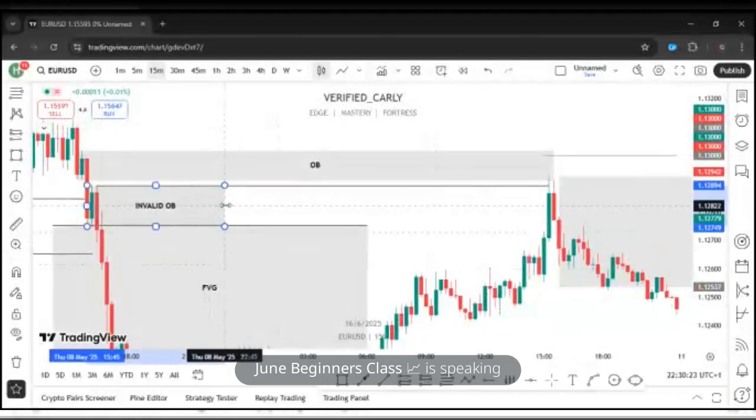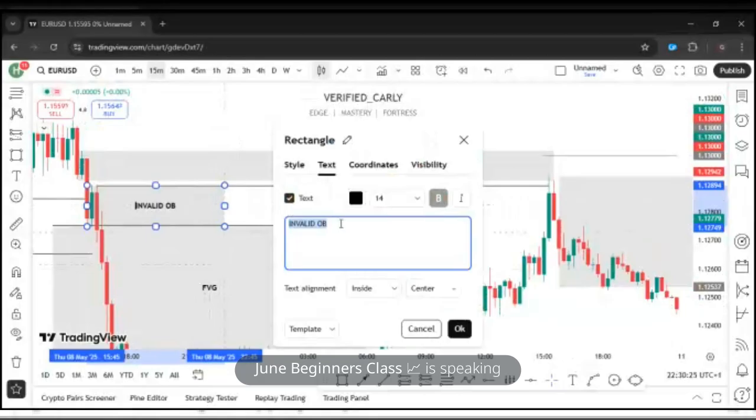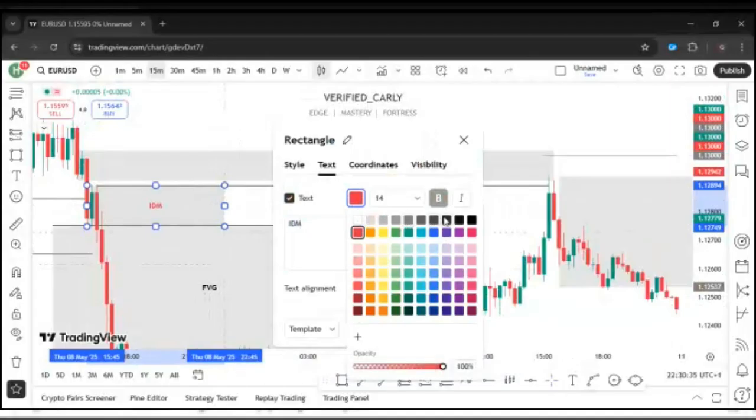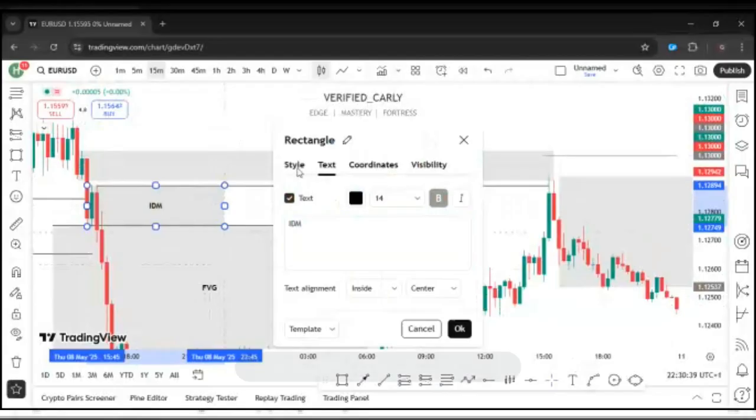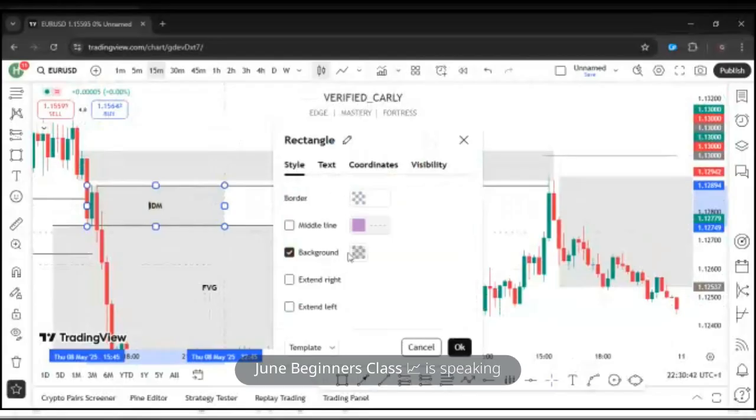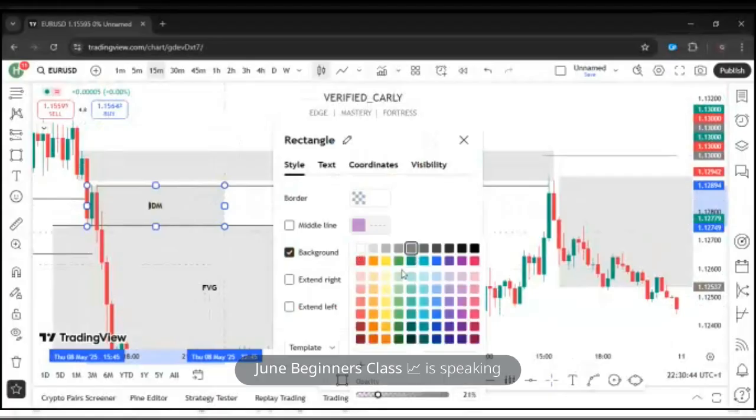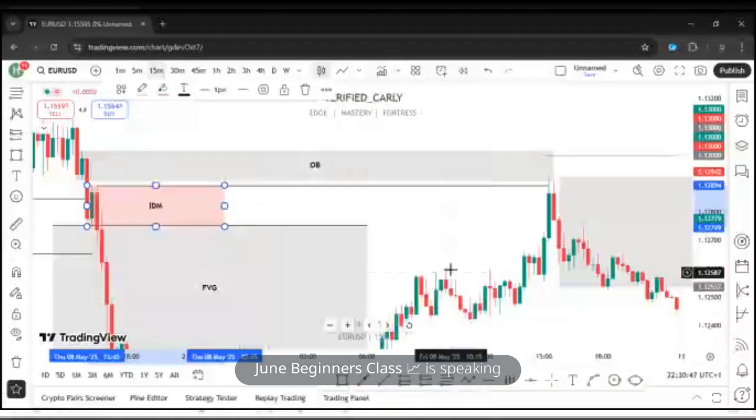So as you are looking at this, this is an invalid order block. That is an inducement. You can just call it an inducement, and the color should be red so that you know that it is bad. I mean, not the text, the text should be black. The body, that is the background, should be red so that you know that it is invalid.